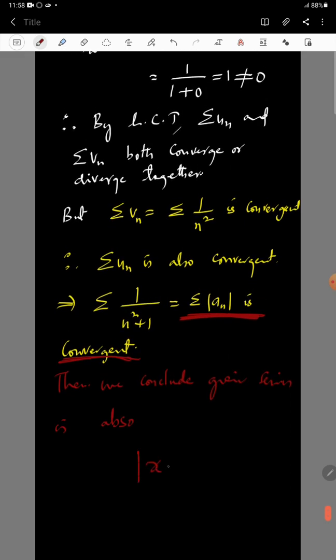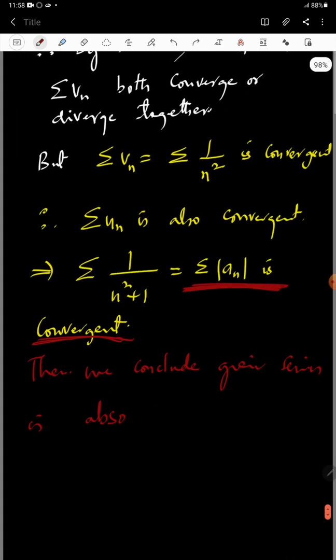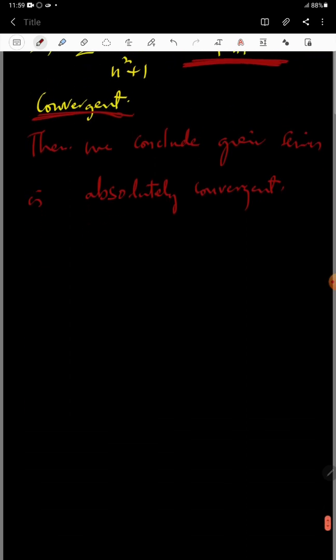You know that mod x is also called the absolute value of x. So when the absolute value is convergent, we are going to say that the given series is absolutely convergent.